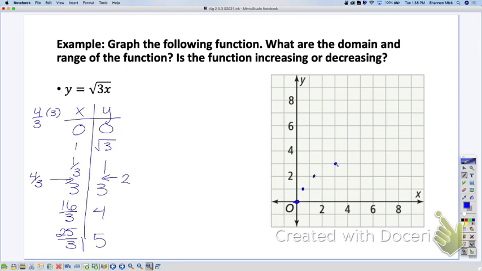And 16/3 is 5 and a third, and that was 4. And then 25/3 is what, 8 and a third? So then 8 and a third is 5. So what did that 3 do to it? Made it wider.